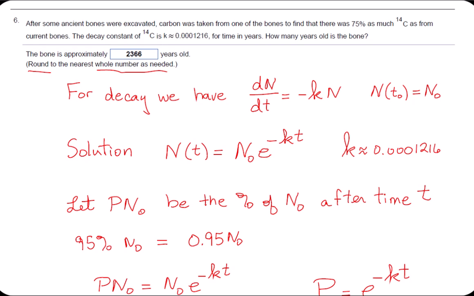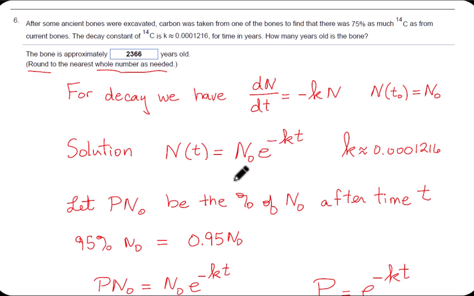All right, so for decay, we have the relationship for the differential equation here. N of t is the amount of carbon at a particular time left. Negative proportionality constant because it's going away. At time 0, we started with a particular amount.